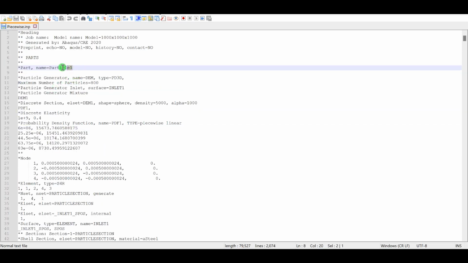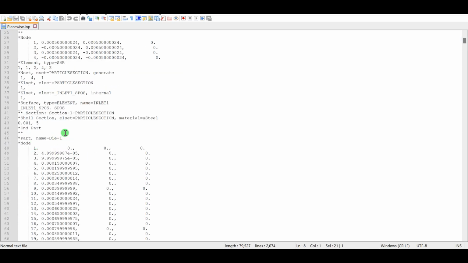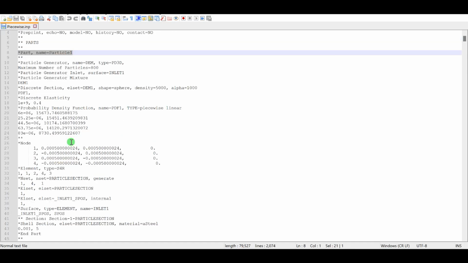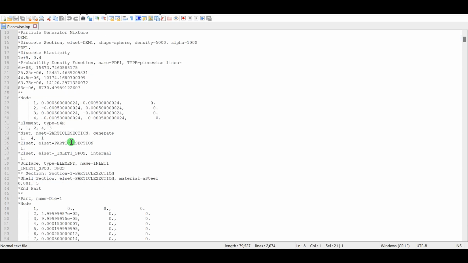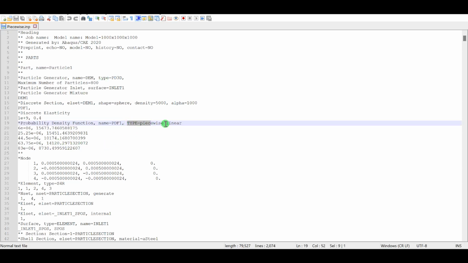As you can see, we just have one inlet for particle generation. If you compare this input file with the previous one, you can easily figure out the differences. So I explained the differences between this input file and the previous one, normal.